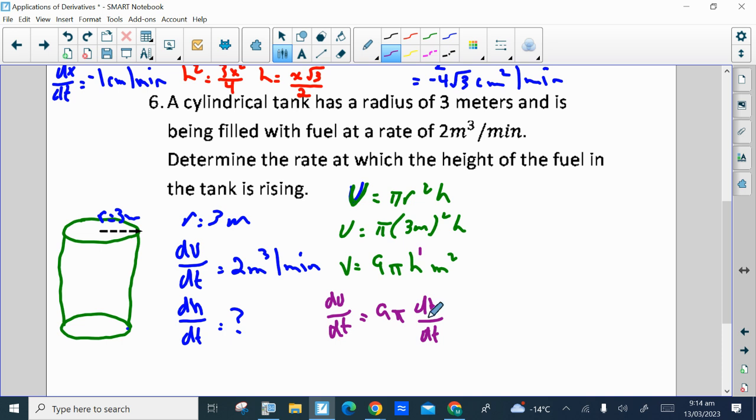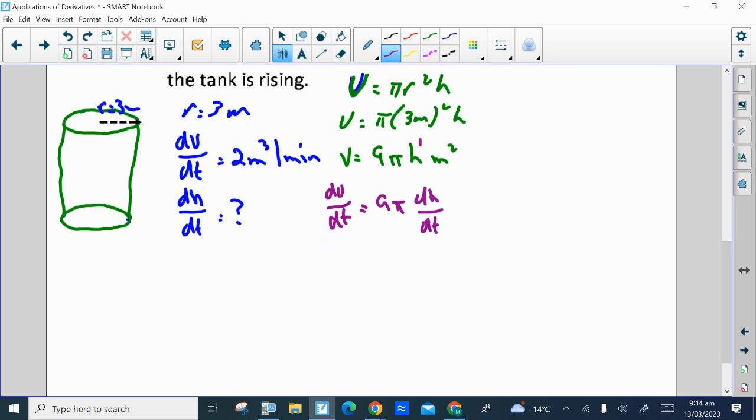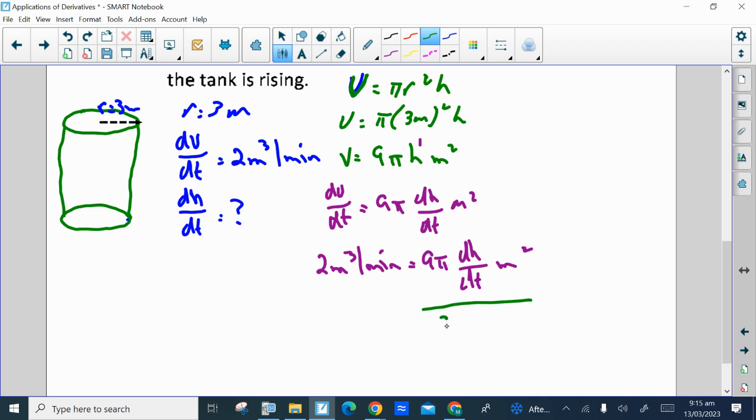So we're given dV by dt. It's 2 meters cubed. And I forgot to write the meters squared at the end there. But dV by dt is 2 meters cubed per minute. And that will equal 9 pi dH by dt meters squared. You want to get dH by dt by itself. So we will divide both sides by 9 pi meters squared.